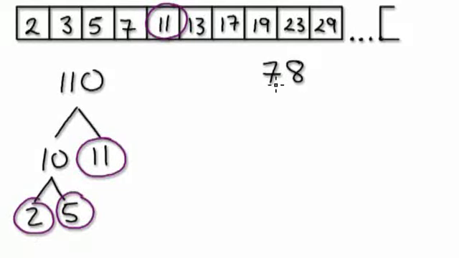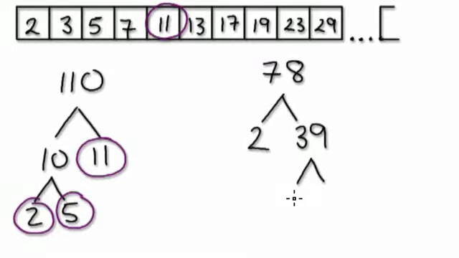Okay. So with 78, I'm going to try 2 because this is an even number. So I'm going to visualize the 78 as 2, and then this will be 39. And then 39, you can divide by 3.